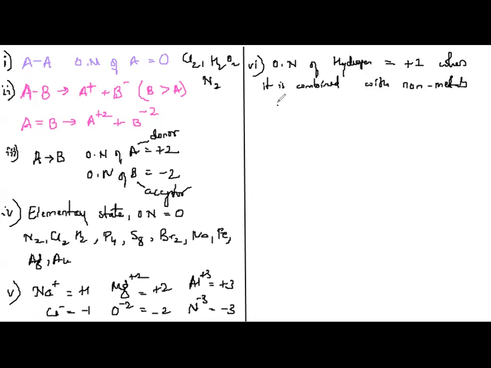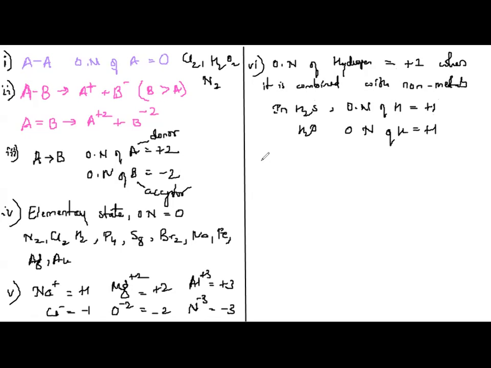For example, in H2S and in H2O, the oxidation number of hydrogen is +1, because S and O are nonmetals.